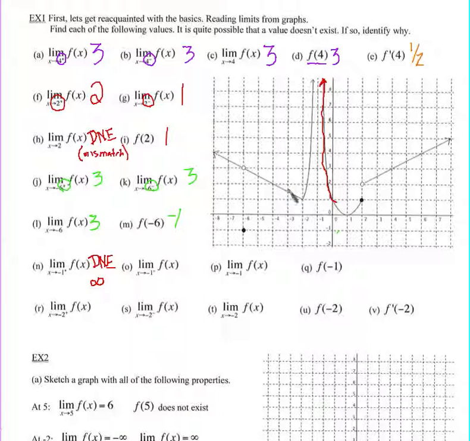Same thing is happening on the left side. As this function on the left side is approaching negative 1, it's headed off to infinity. So once again, the limit of this function at negative 1 as we're approaching from the left side does not exist.